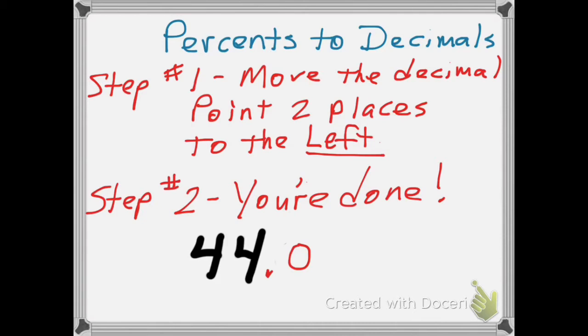We simply take this decimal point right here, and we're going to move it 1, 2 to the left, and our new decimal is going to be 0.44. Now we can always put a 0 in front of that, but we don't have to. We could say point 44, or we could say 44 hundredths, and we'll get to that in a minute.